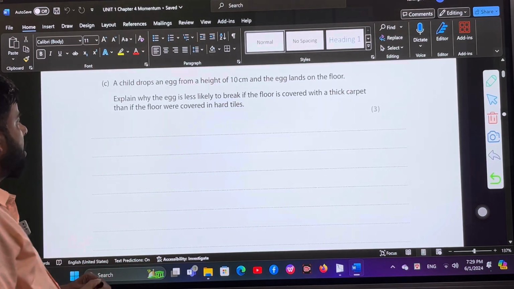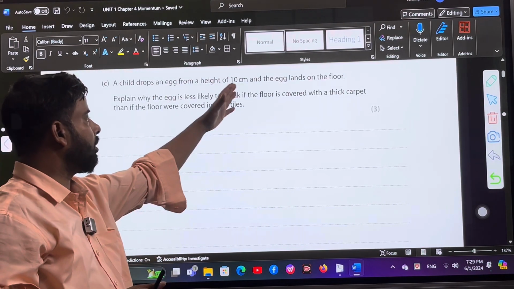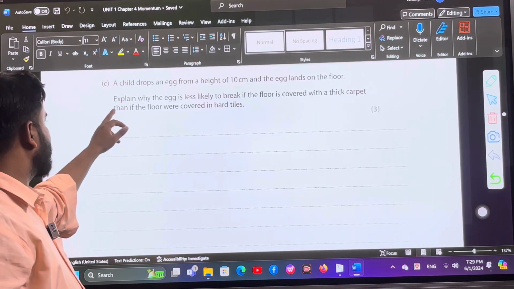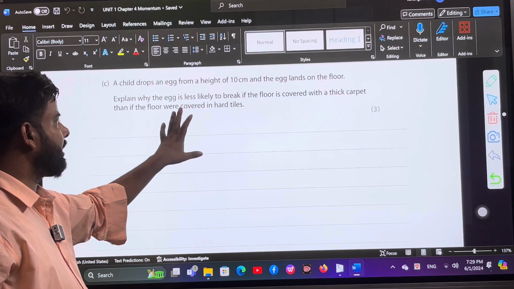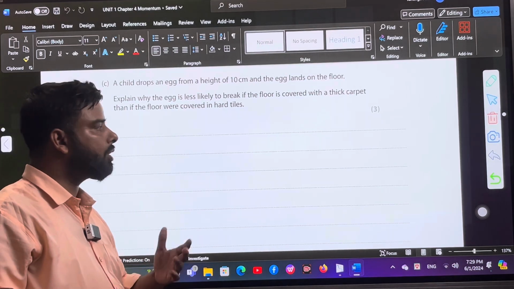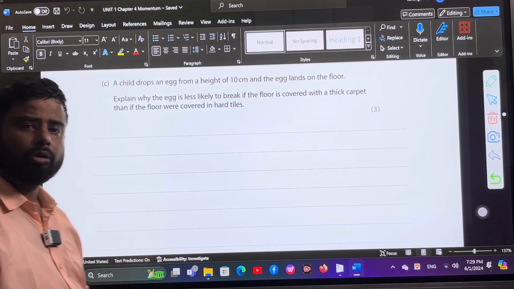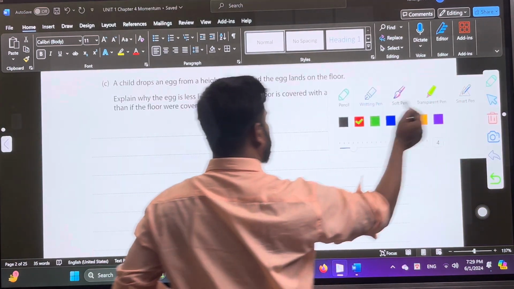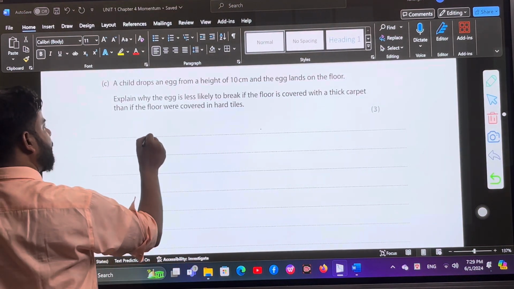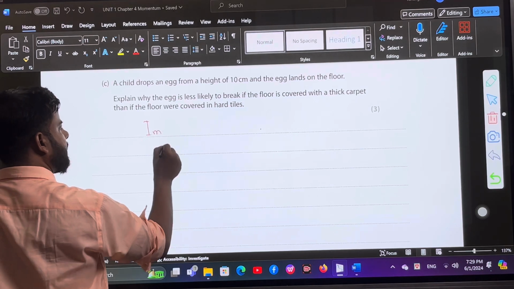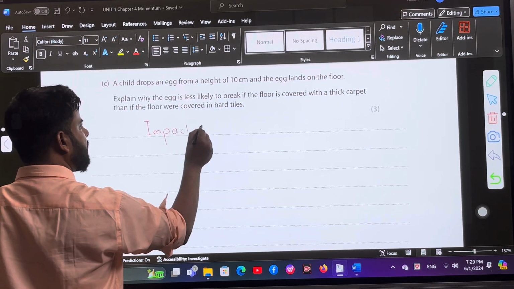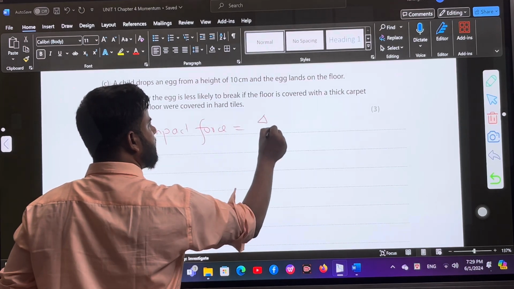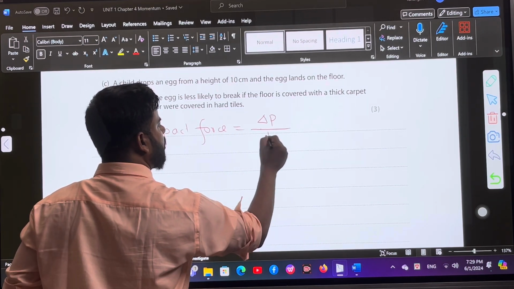A child drops an egg from a height of 10 centimeter and the egg lands on the floor. Explain why the egg is less likely to break if the floor is covered with thick carpet. So we know impact force is equal to change in momentum divided by time of collision.